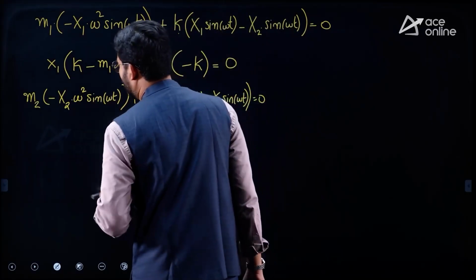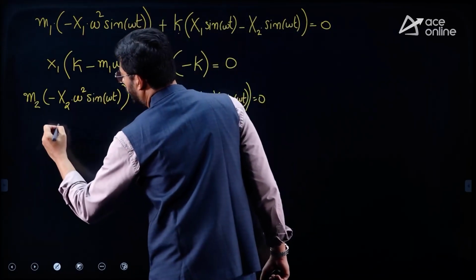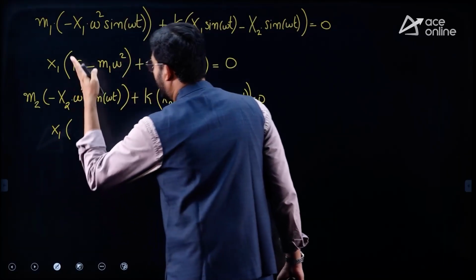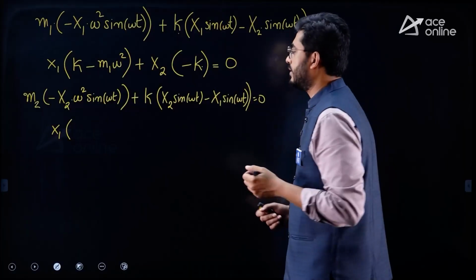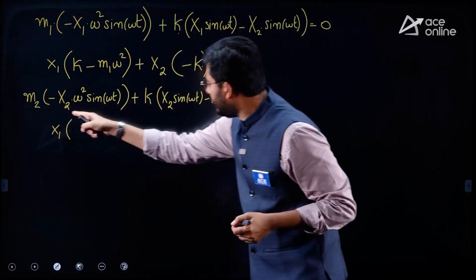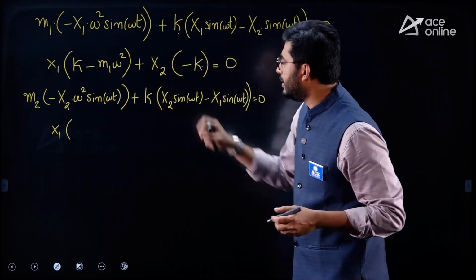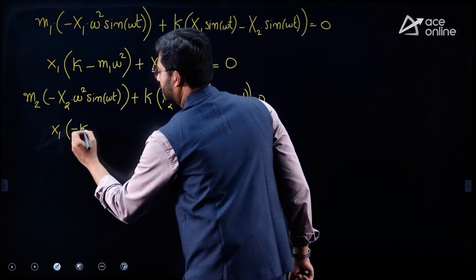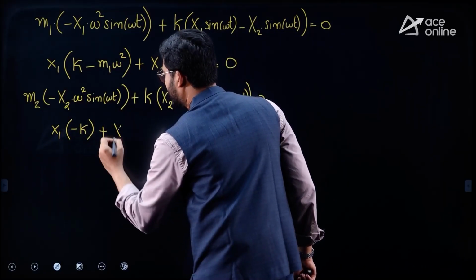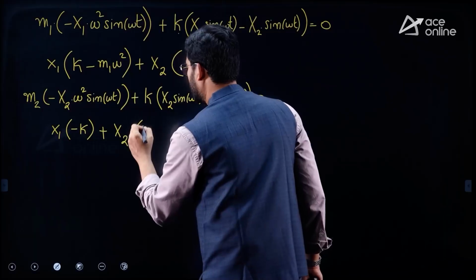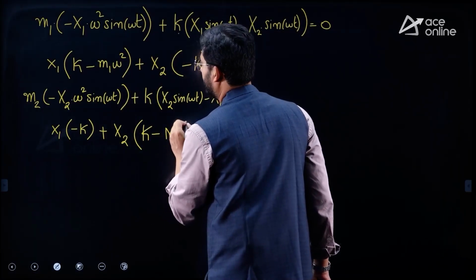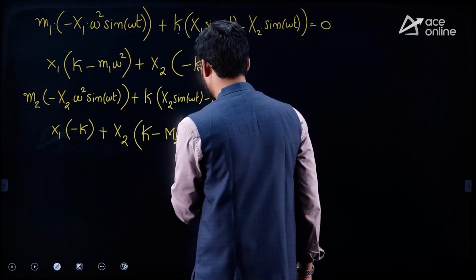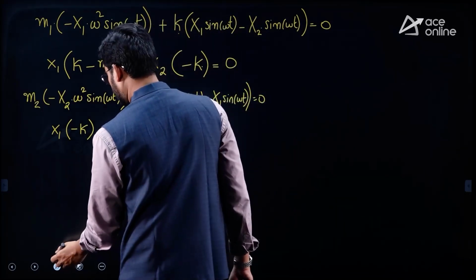So once again it gets cancelled, and if we try to write the equation in x1 plus something into x2, here if you observe, the coefficient of x1 is actually minus k, plus the x2 coefficient is k minus m2 omega square, that's equal to 0.